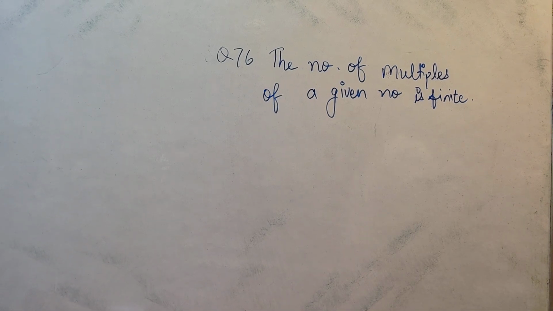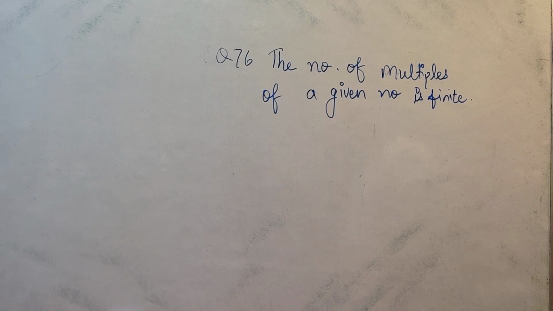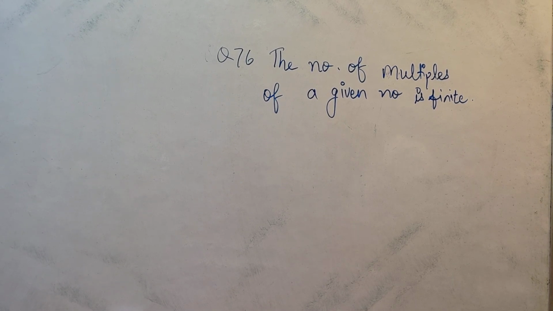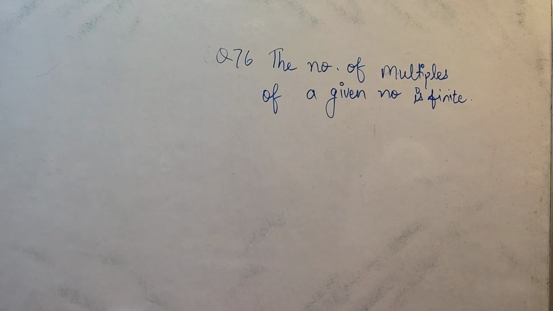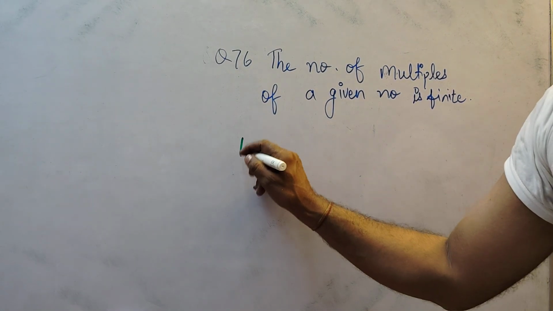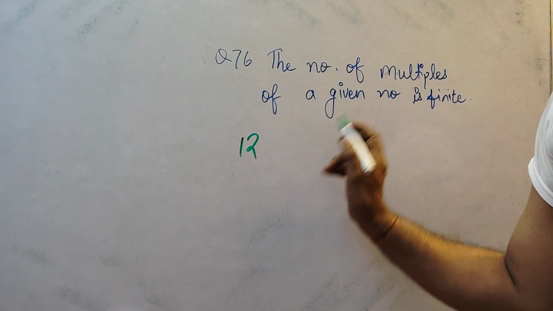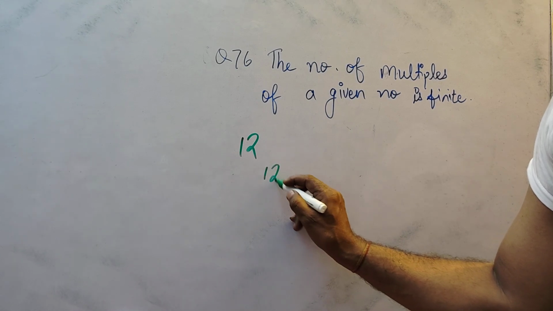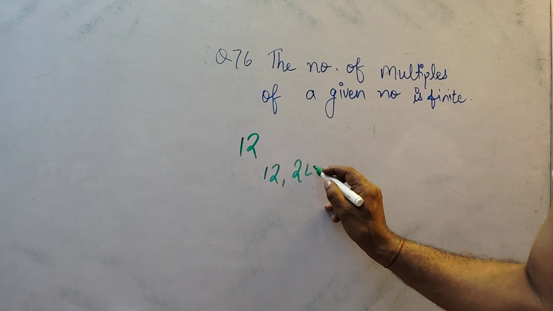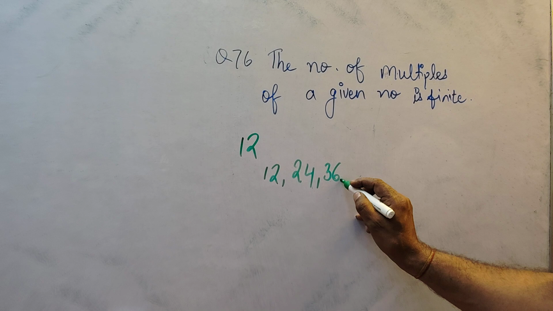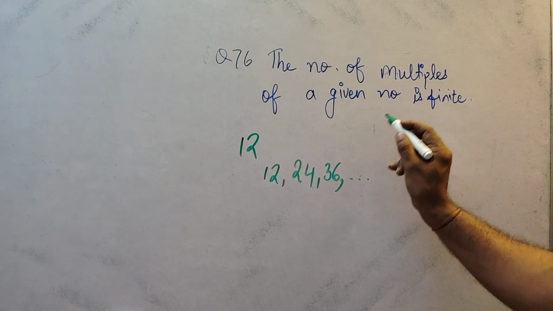Let us take some number. Suppose we take 12, and we are finding the multiples of 12. So 12 ones are 12, 12 twos are 24, 12 threes are 36.